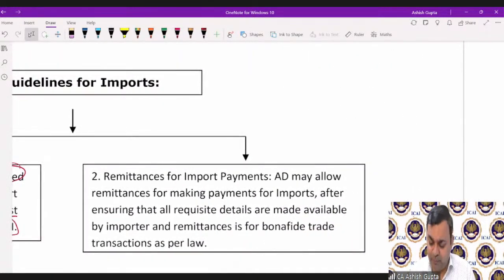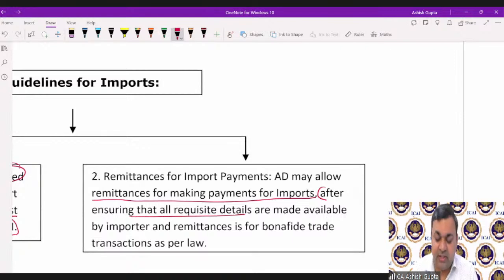Remittance for import payment: the authorized dealer may allow remittance for making payment for import after ensuring that whatever legal requirements are prescribed by the RBI, the Government of India, the FTP regulations, or the current account transaction rules are complied with and made available by the importer, and the remittance is bona fide.